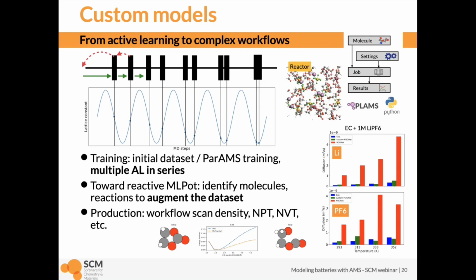One thing that I've done is that I also made a reactive potential. Using this, I actually create new molecules, so during the active learning I break some bonds. After the first active learning, you can just analyze the data and the structures, and you can identify the new molecules.